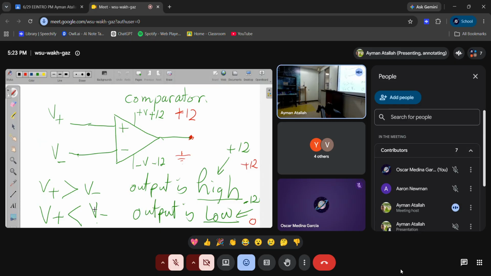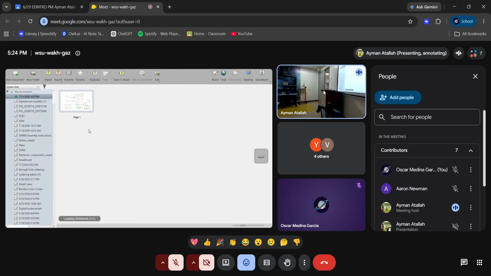Only the operational amplifier itself. If the voltage at this point is greater than the voltage at this point, the output will be high. So if you have a light emitting diode with a resistor here, it will light. Okay, but if the voltage here is a little bit less than here, or V negative is higher than V positive, the output will be low and the diode will not light. Okay, so let me apply this concept to this circuit here.